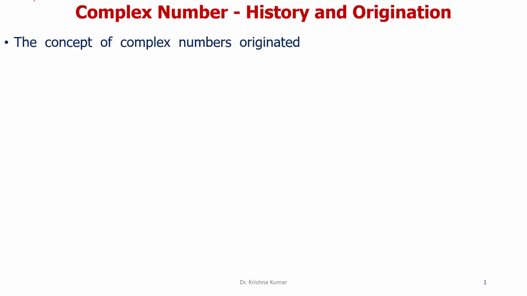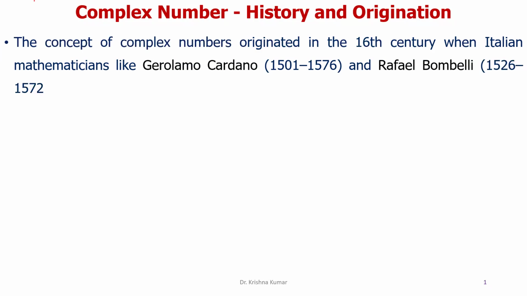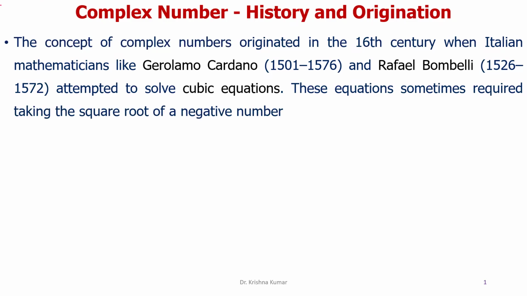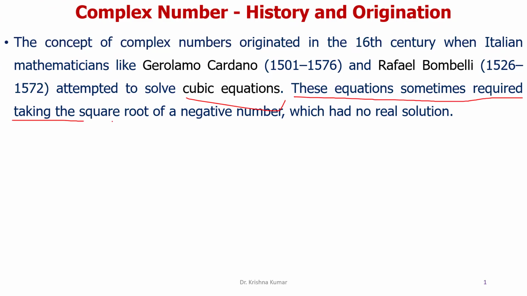The concept of complex numbers originated in the 16th century when Italian mathematicians like Gerolamo Cardano (1505 to 1576) and Raphael Bombelli (1526 to 1572) attempted to solve cubic equations. These equations sometimes required taking the square root of a negative number, which had no real solution.